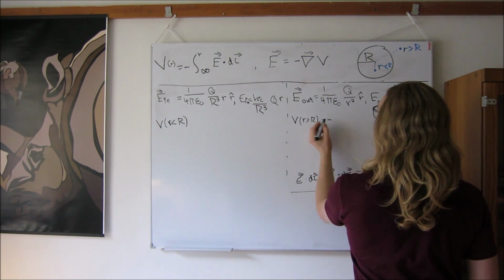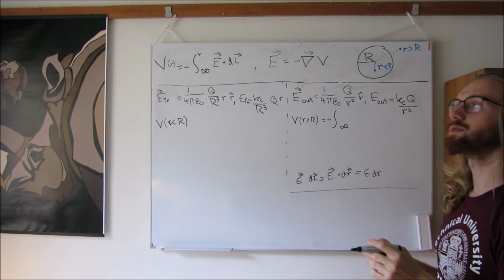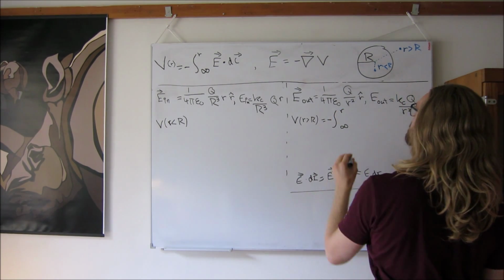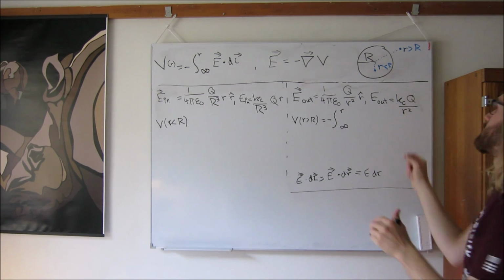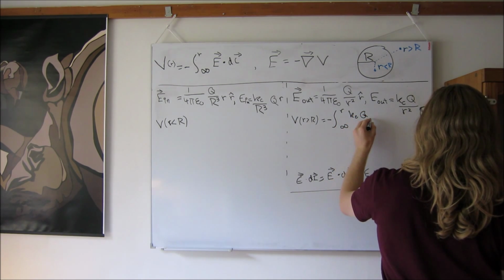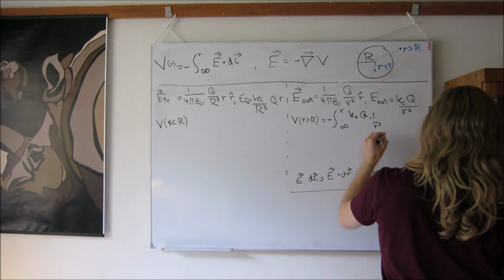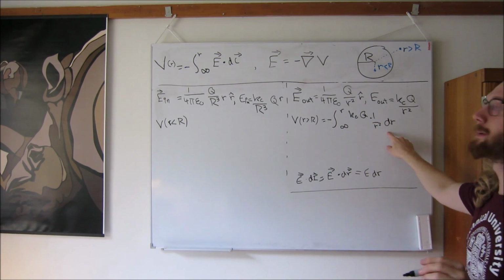So we need to take minus the integral from infinity, or the reference point, to the point r, and then the magnitude of the electrical field, Coulomb's constant, the charge, 1 over r squared, and integrate with respect to r.